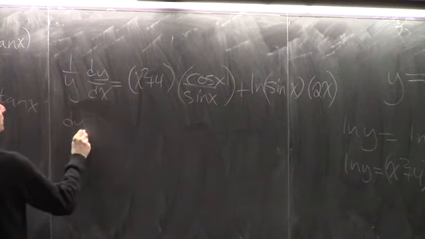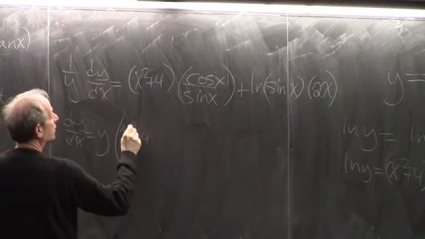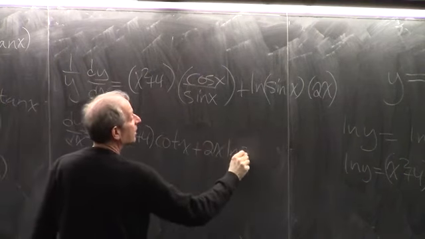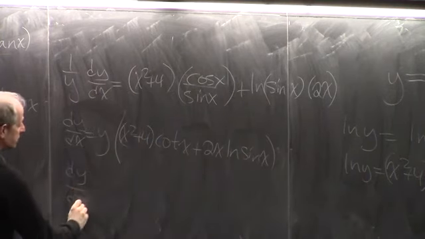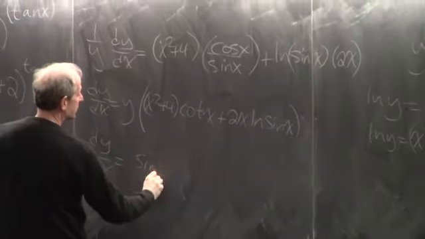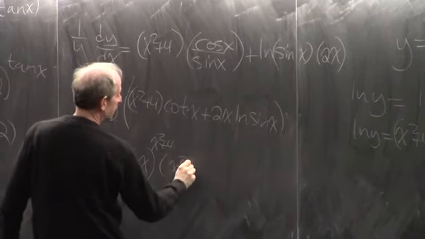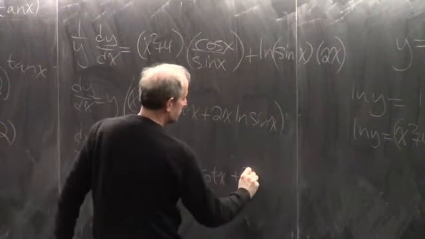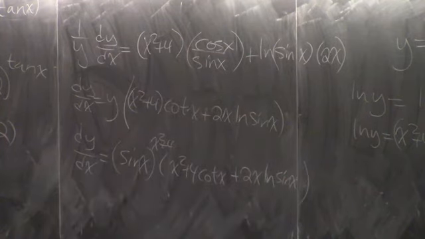So you multiply 2 by y. x squared plus 4 cotangent x plus 2x sine x. And then replace y with its original function, which is sine x to the x squared plus 4 times x squared plus 4 cotangent x plus 2x log sine x. Okay? Yes?